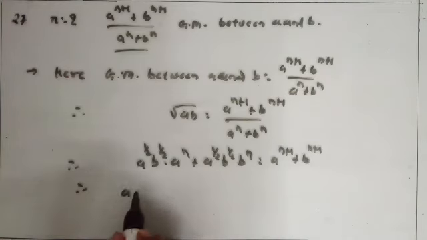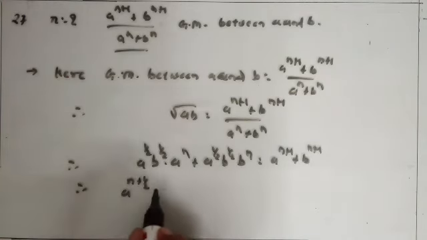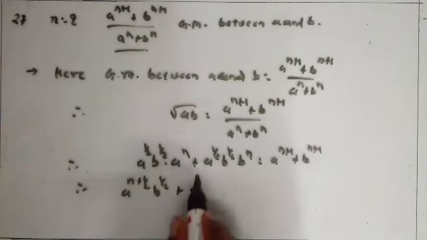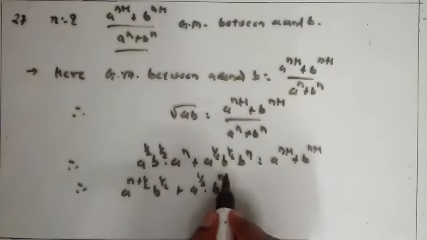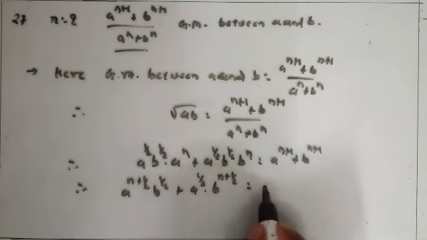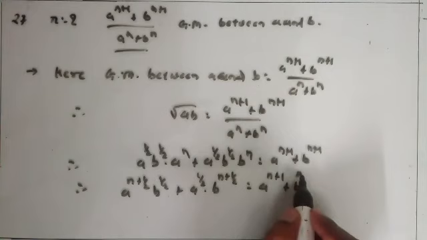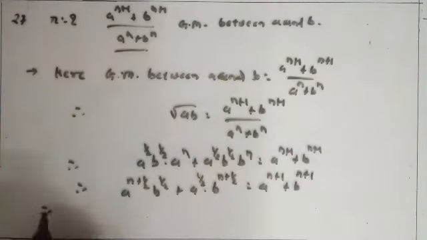Here we get a^((n+1)/2) b^(1/2) plus a^(1/2) b^((n+1)/2) is equal to a^(n+1) plus b^(n+1). Now arrange the terms.